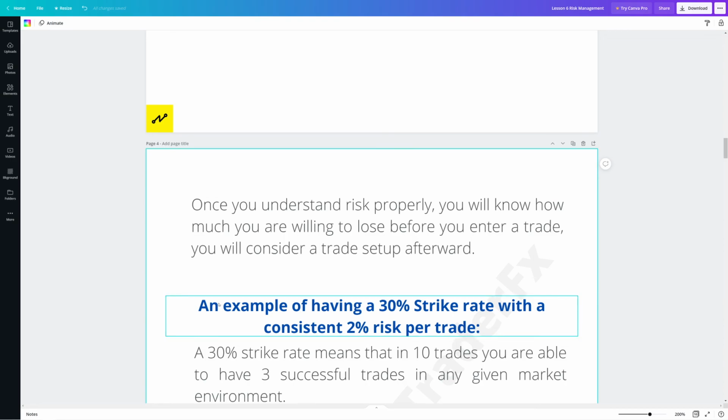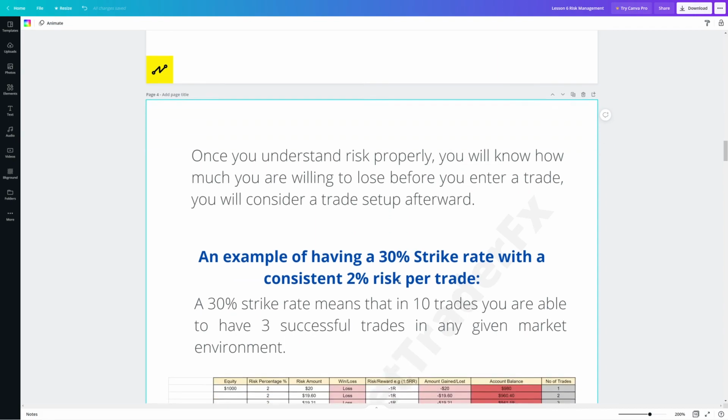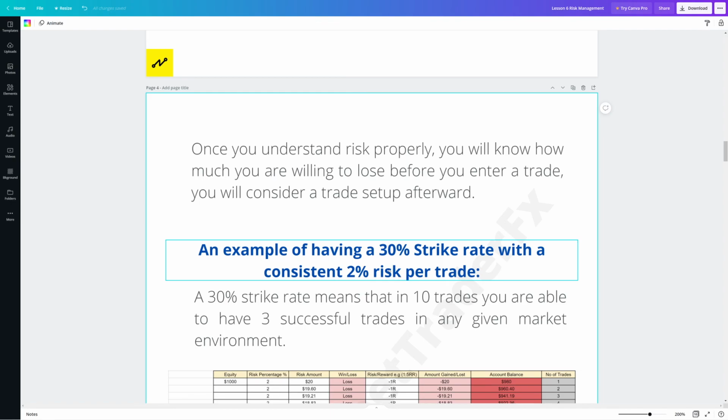Primarily, the risk that I suggest, even though I didn't mention it here, is between 0.5 and 2%, depending on the kind of trader that you are.